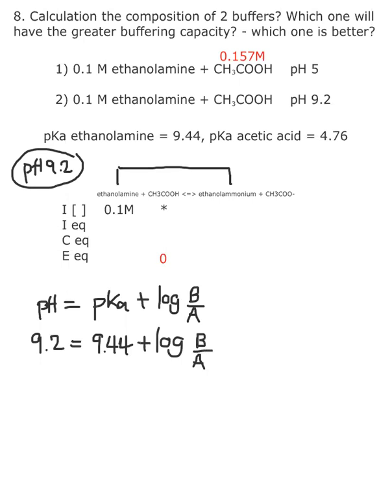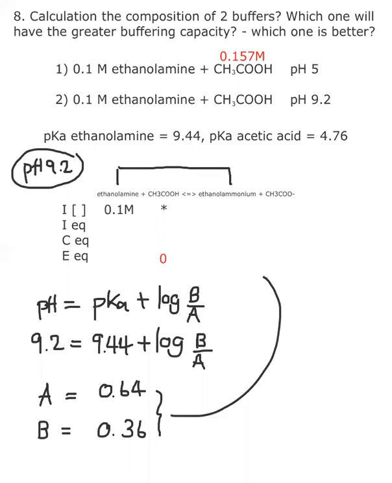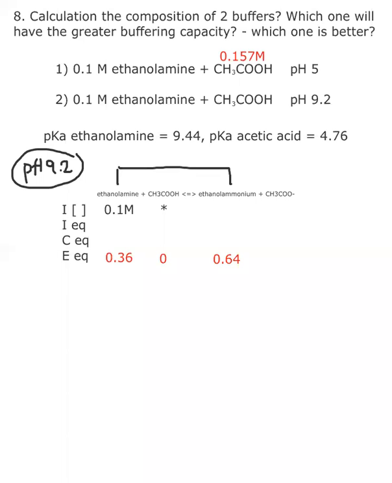For the A ratio, you get 0.64 equivalents, and for B, you get 0.36 equivalents. So this value here, you can plug into the ICE table. And now you have to work backward again to solve for the change line and then the initial line, right?